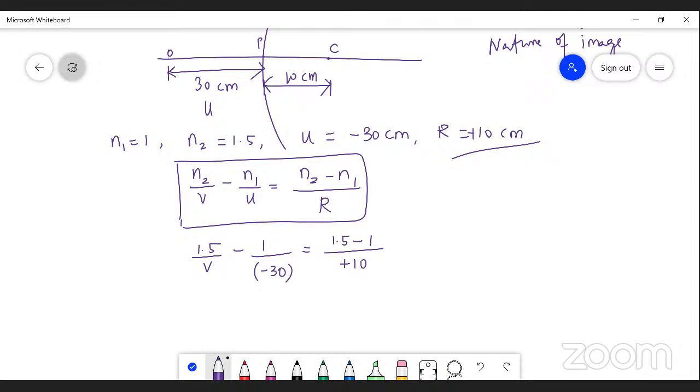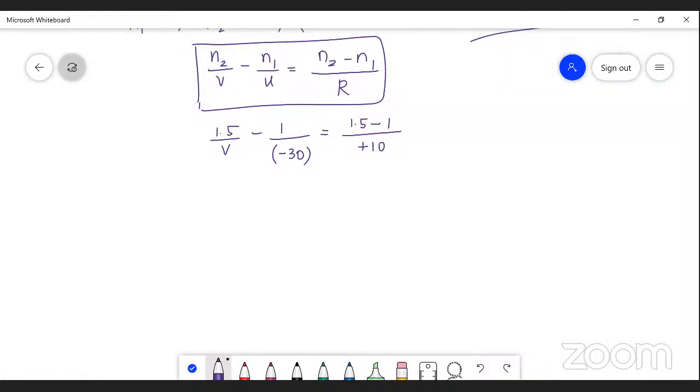Simplify this. It is very easy, but we make some mistakes in the sign convention.